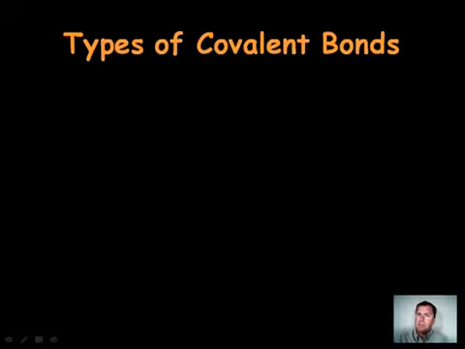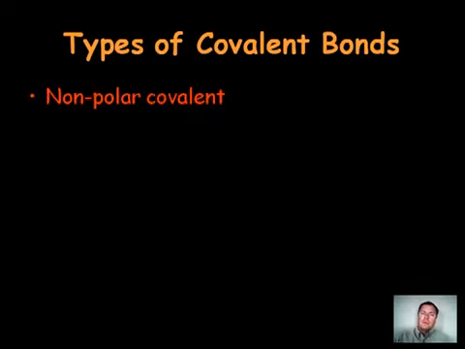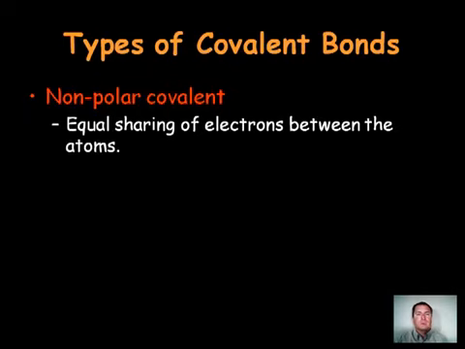Well, covalent bonds are kind of the same way. The first type is a non-polar covalent bond, and in a non-polar bond, this is really nice. These atoms equally share the electrons. The electrons spend the same amount of time with one atom as they do with the other. So there's an equal sharing of electrons. The other type is what we call a polar covalent bond.